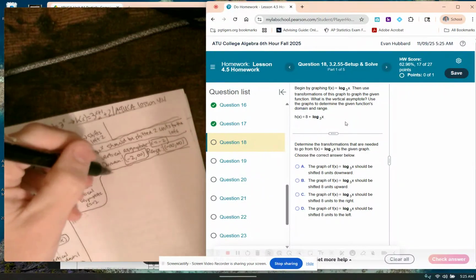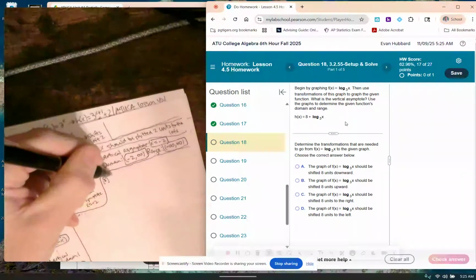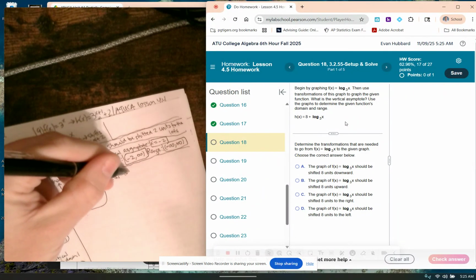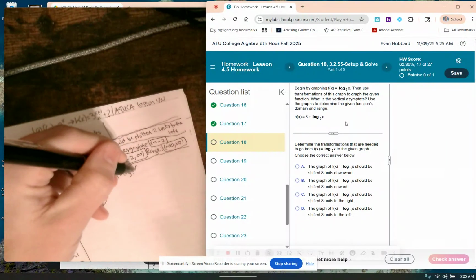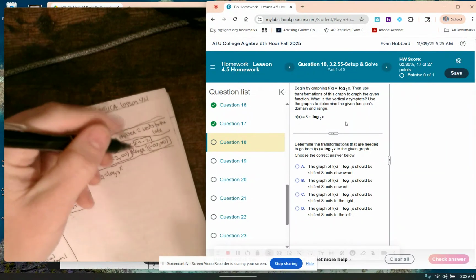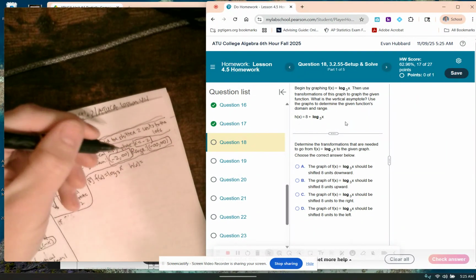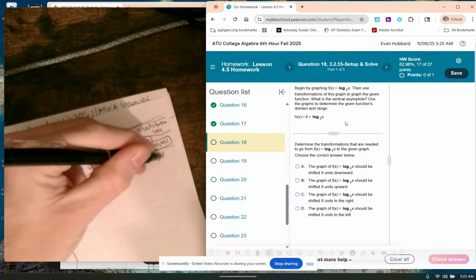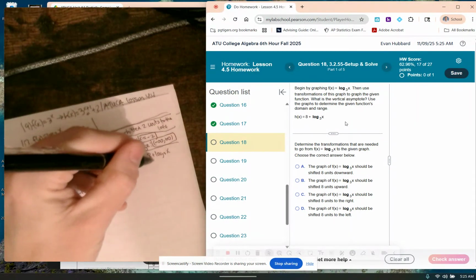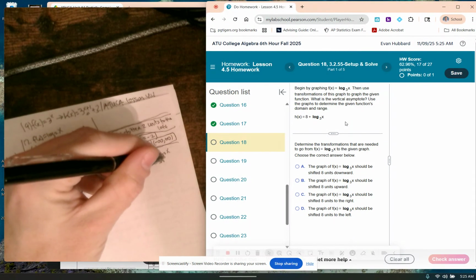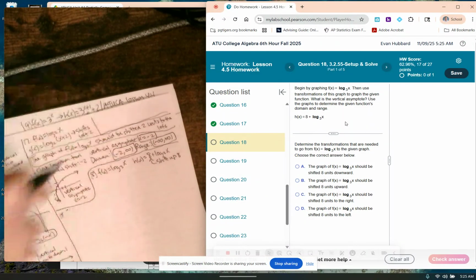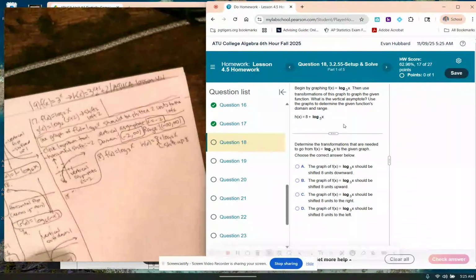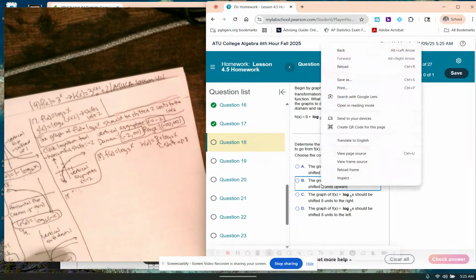F of x equals log base 3 of x, and then h of x is equal to 8 plus log base 3 of x. So what's happening here is it's going to be shifted up 8 units.